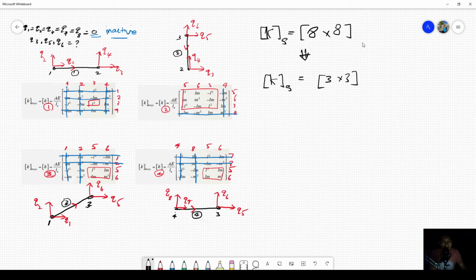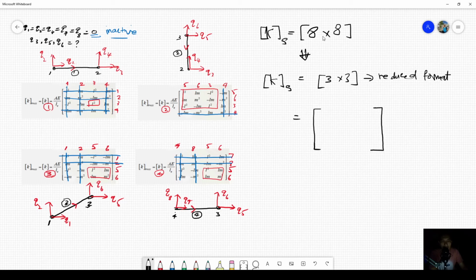So I would recommend you to simplify your equations by applying the boundary conditions at this stage, so that you can prepare the element stiffness matrix in the reduced format, which I can write here as our K matrix.